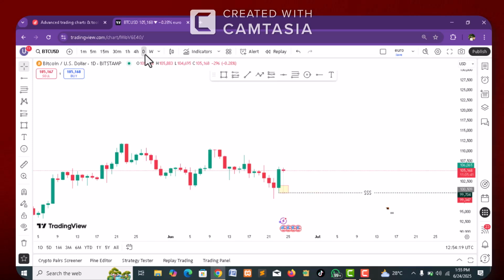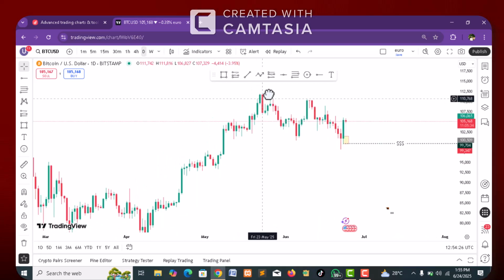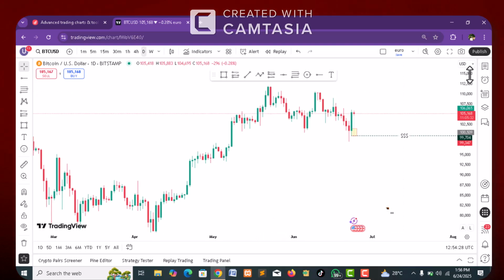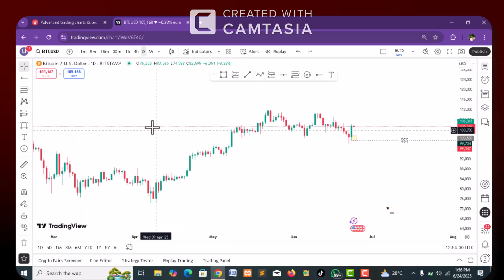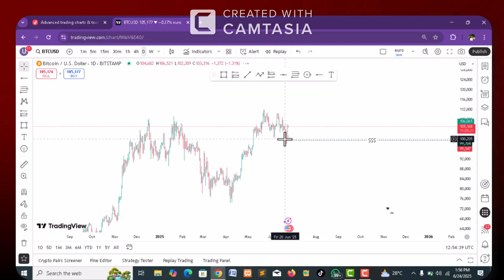They check the overall trend of the market. As you can see, this is BTC, we are analyzing BTC. The overall trend is going bullish. This is just a retracement in the daily time frame.